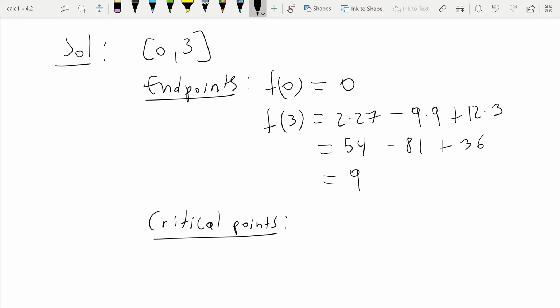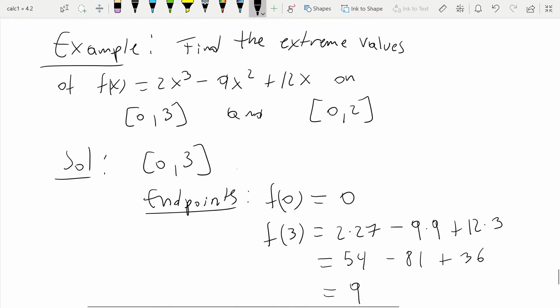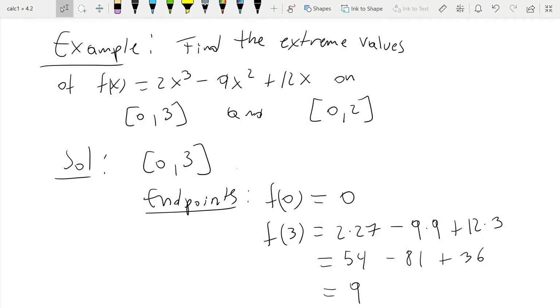Critical points. In this case, we'll look for points such that f prime of x is equal to 0, because f of x, being a polynomial, is differentiable everywhere.